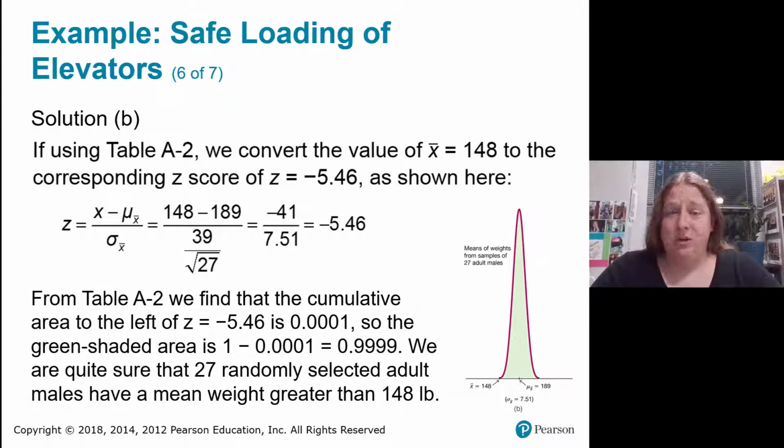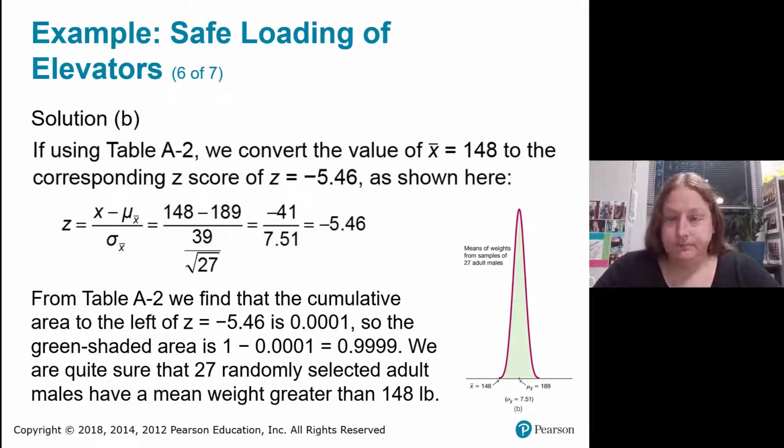If we mark where that is on our graph, it's way to the left, and we're interested in all of the area to the right of that. The cumulative area to the left of z equals negative 5.46 is 0.0001. So 1 minus 0.0001 gives 0.9999. That's the area to the right of our z-score of negative 5.46.